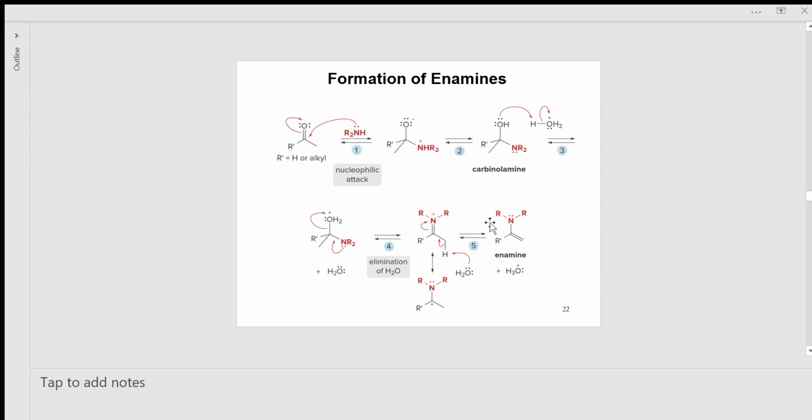If we really want to synthesize this enamine, we can decide what kind of ketone we need and what kind of secondary amine we need. We do this reaction. But because each step is reversible, whenever we form this product it can go back to the starting material.